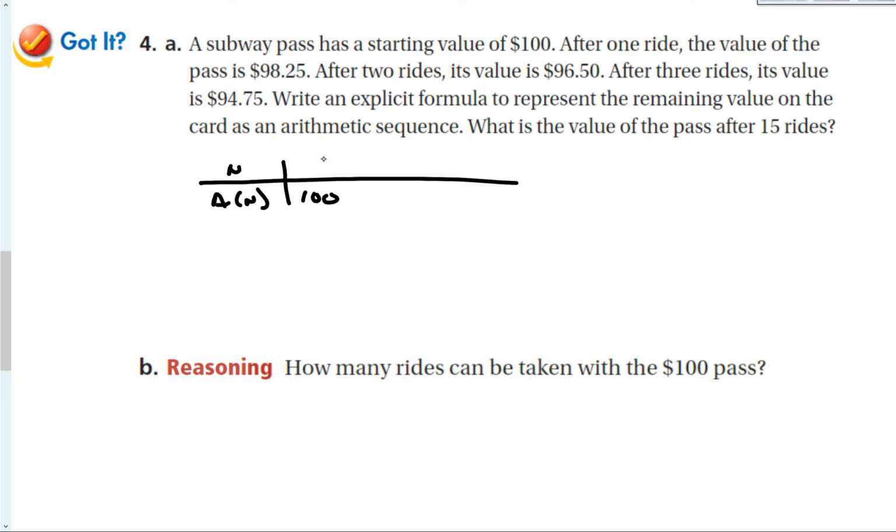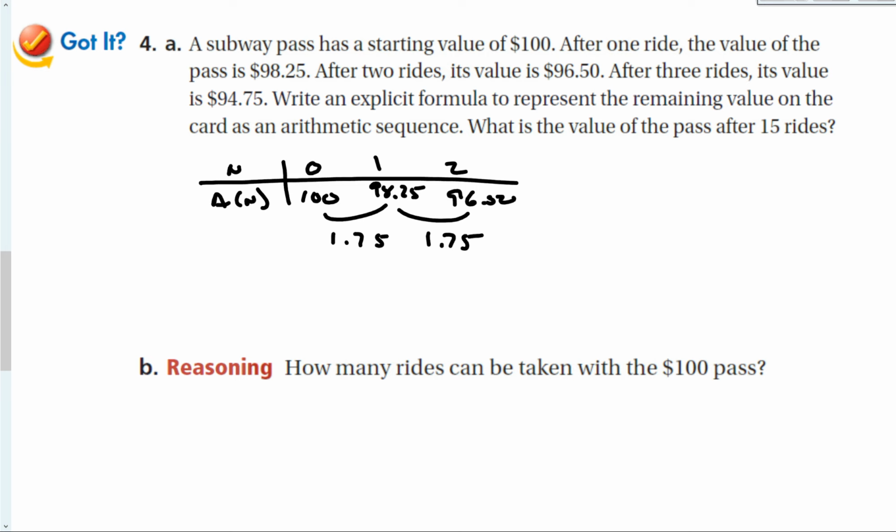This gets a little bit confusing, but it starts at 100. After one ride, the value of the pass is $98.25. After two rides, it is $96.50. So if I look at the difference here, it is $1.75 for each one.